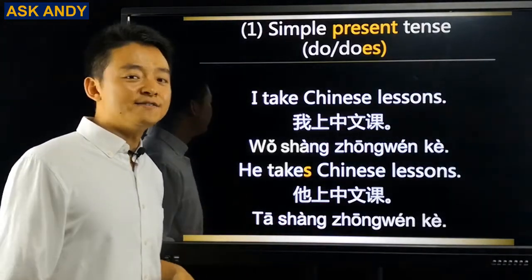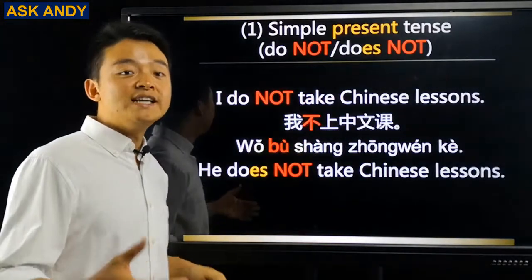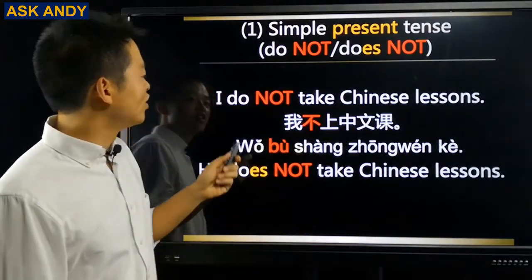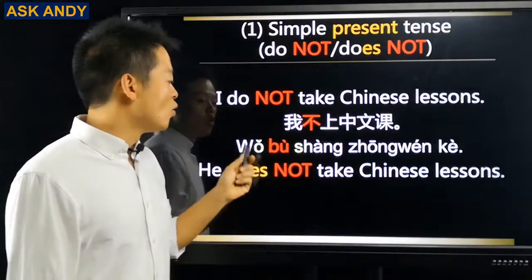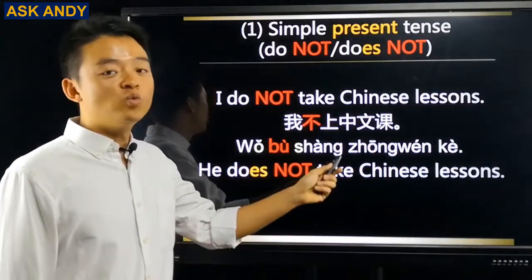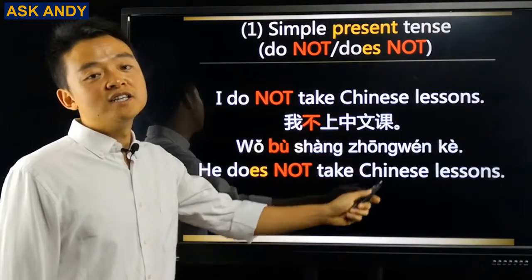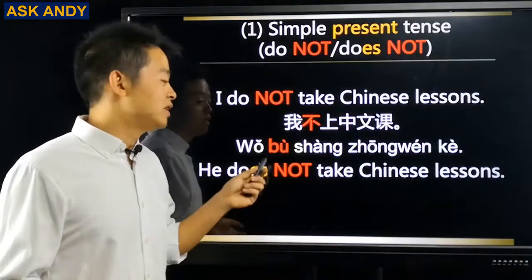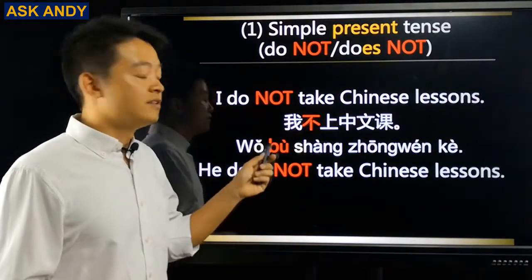How do we negate the verbs? Do not or does not. We negate with a 不 in Chinese. So, I do not take Chinese lessons. It is 我不上中文课. You may notice that this 不 is the 4th tone. But when I was reading it, it was the 2nd tone.